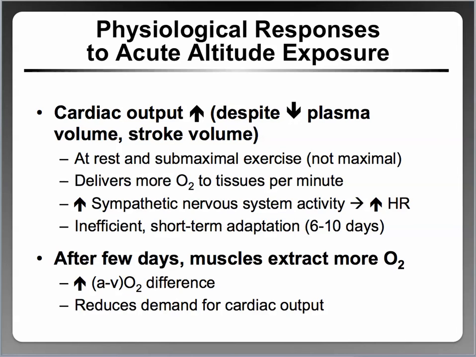Afterward, you have to make some changes, and one of the big changes, especially as we're interested in submaximal exercise, is that the muscles start to extract more oxygen for any given intensity level. So you actually increase the AVO2 difference, and this results in a lower demand for cardiac output. So you don't have to maintain that increase in heart rate, which is a good thing.